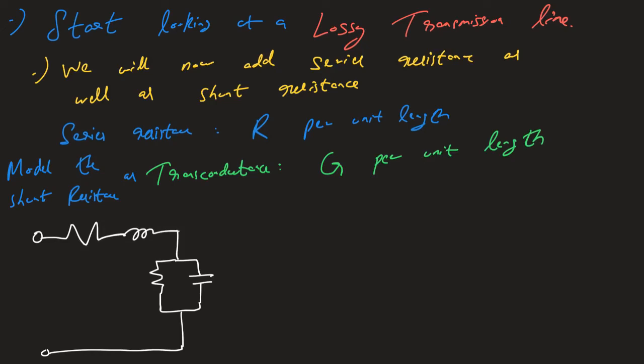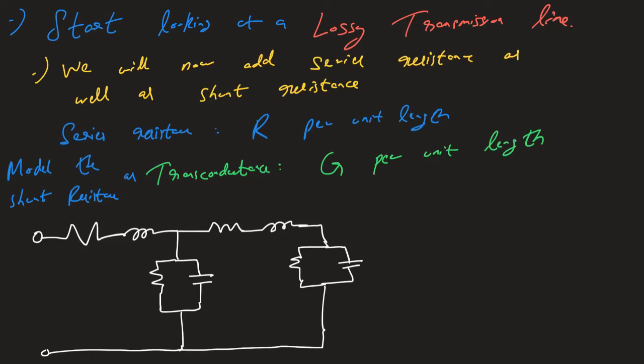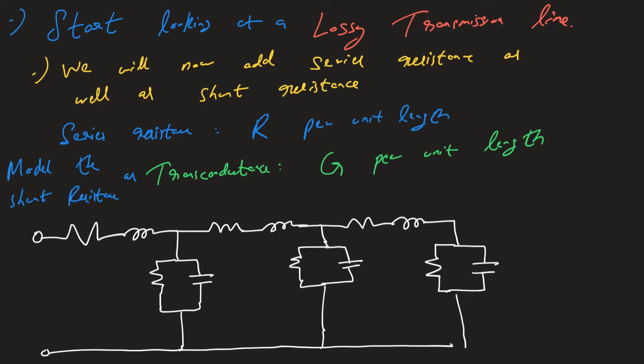Similarly, we have another resistor, inductor, another branch, resistor, capacitor, connecting to our grounded conductor. We then have another resistor, another inductance, our transconductance, our shunt capacitor next over here, and these are our output terminals.